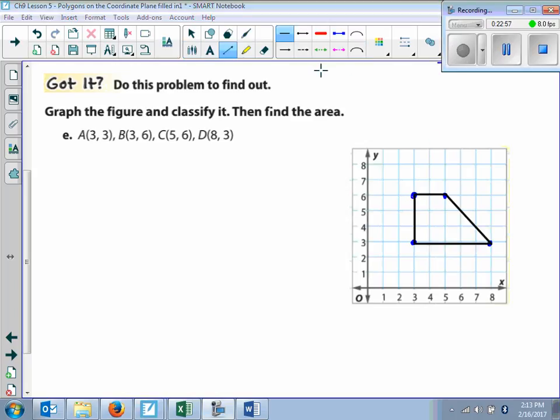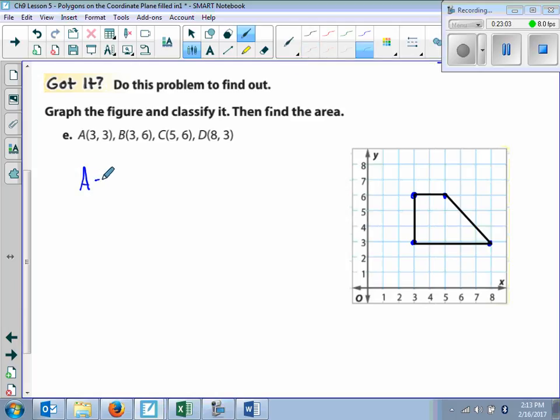So the formula for the area of a trapezoid, area is equal to 1/2 times the height times the sum of the bases. Very good. Base 1 and base 2. So now we wrote our formula. Now we can substitute.